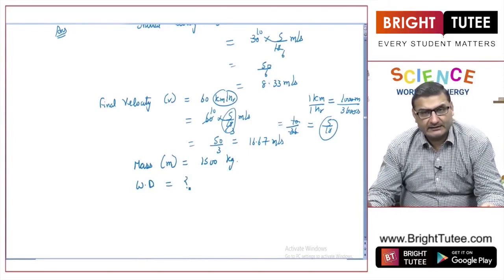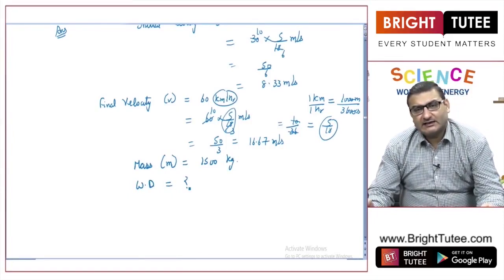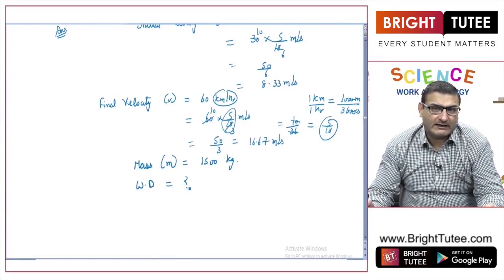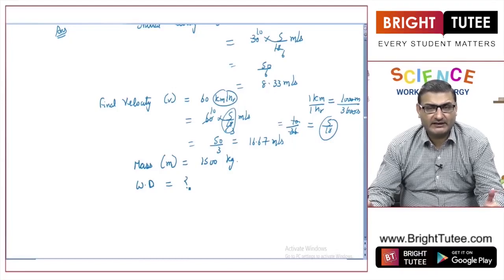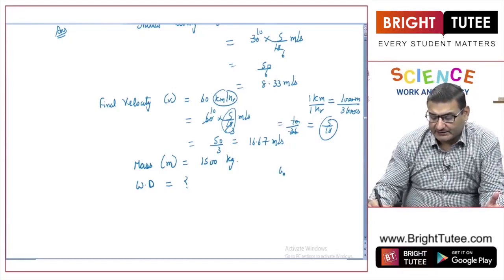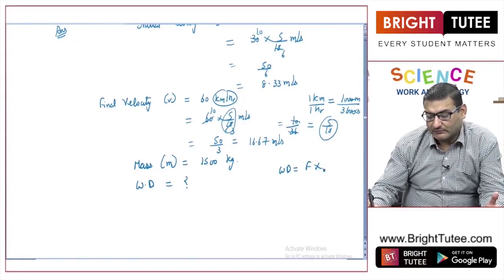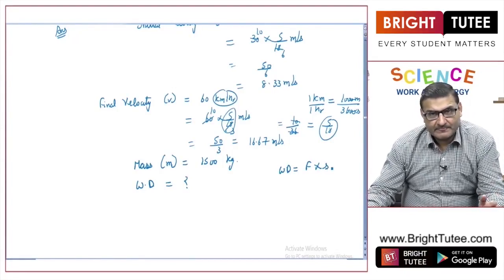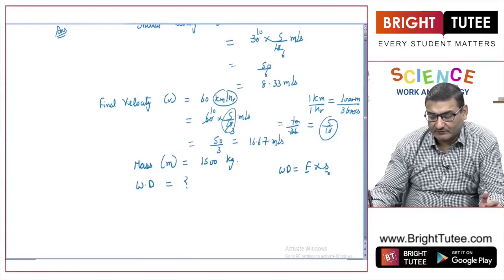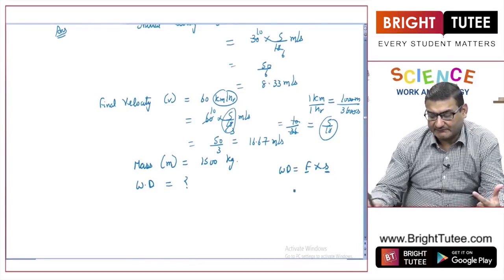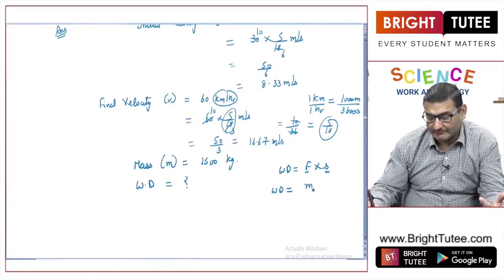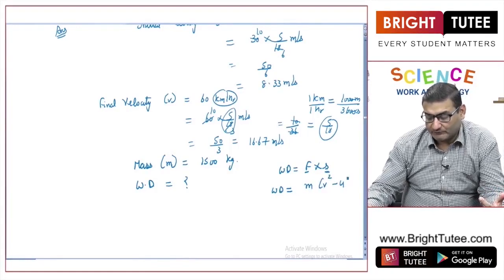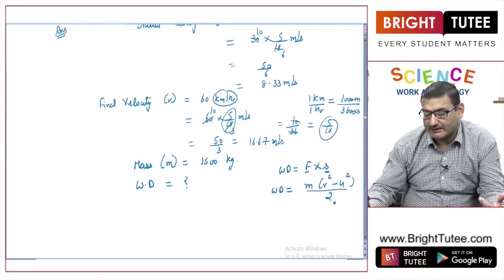Work done is basically the amount of energy required to change the kinetic energy or velocity of the body, and actually this work done is calculated by the formula F into S, but we are not given F, we are not given S. So whatever we have derived, we came to the conclusion that work done was equal to m into v square minus u square by 2.